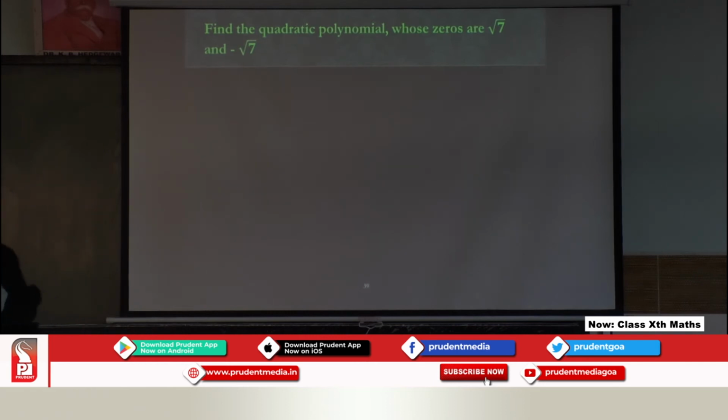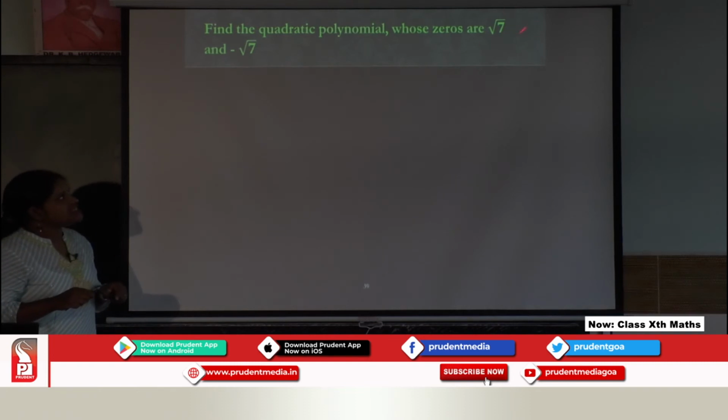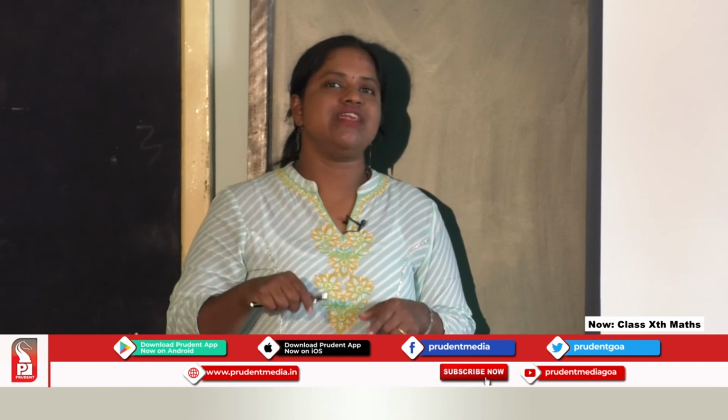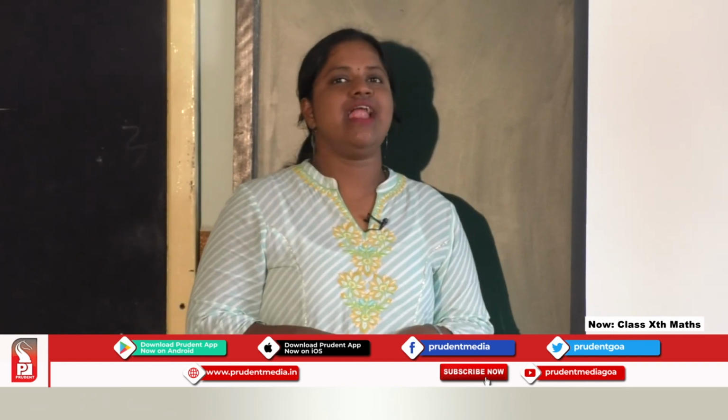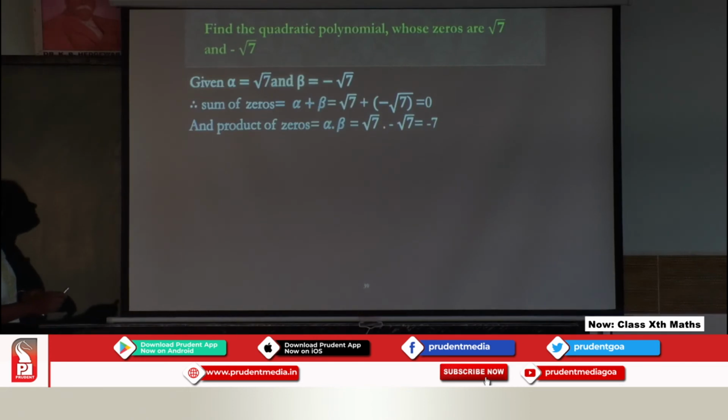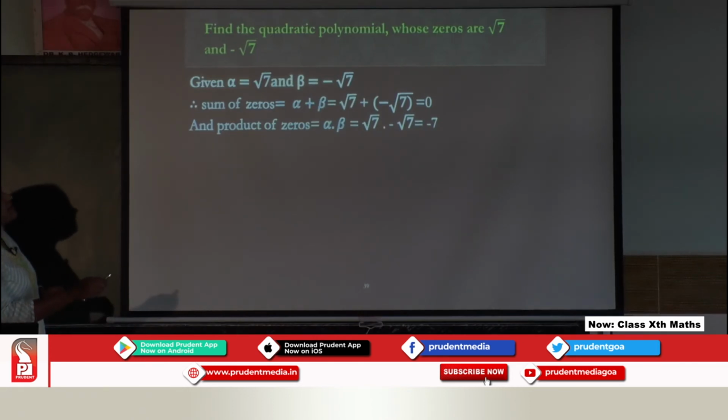So first, in order to find the quadratic polynomial, we are supposed to first denote this as alpha, this as beta, and then find what is alpha plus beta and alpha multiplied by beta. As given, alpha is root 7, beta is negative root 7.